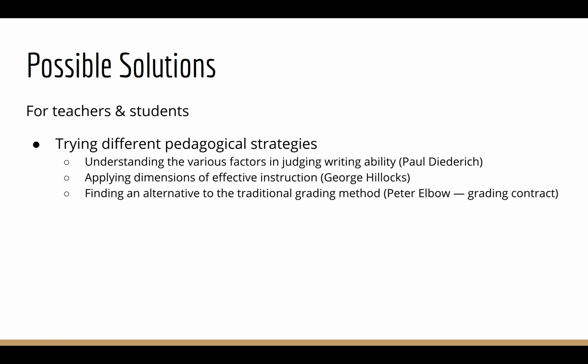We can also try applying different dimensions of effective instruction. Perhaps they can try working with small groups and discussing various tactics of better writing. In the teacher's part, we can also try to think about alternatives to traditional grading methods. Is the 1 to 100 percentage scale really working for students to improve their writing? We could think about such questions.